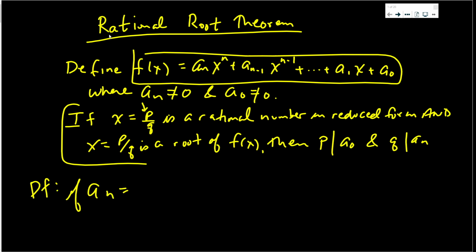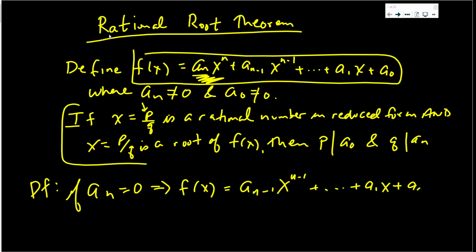If a sub n is 0, that implies that f of x is equal to a sub n minus 1 times x to the n minus 1, all the way down to a1x plus a0, because this first term is 0.